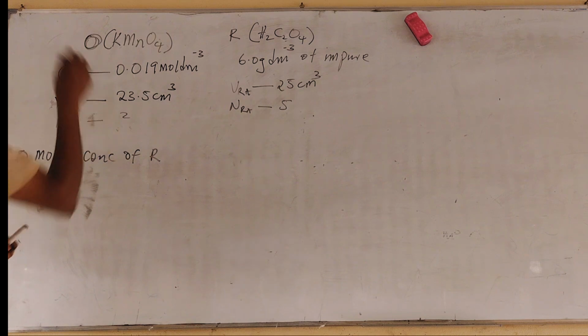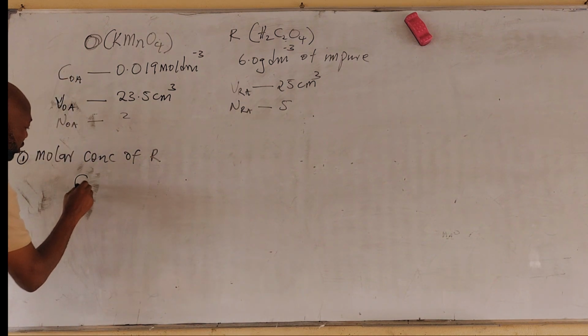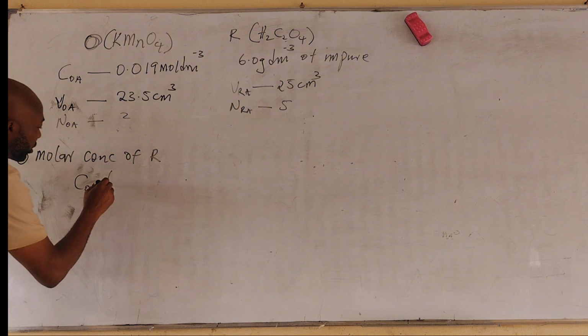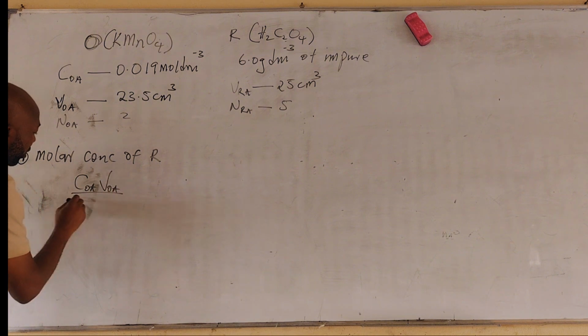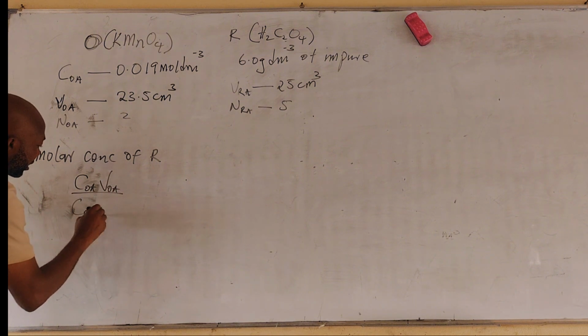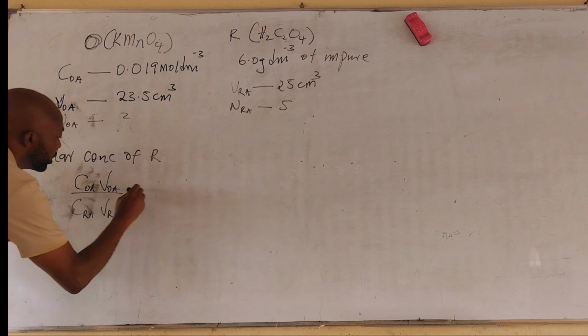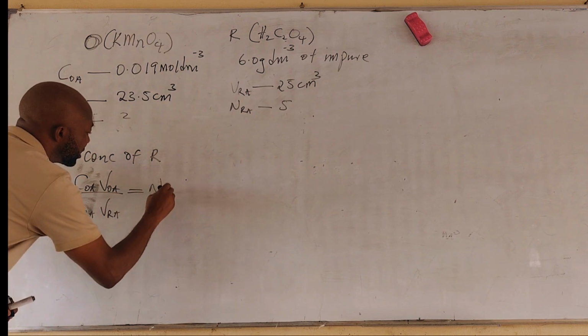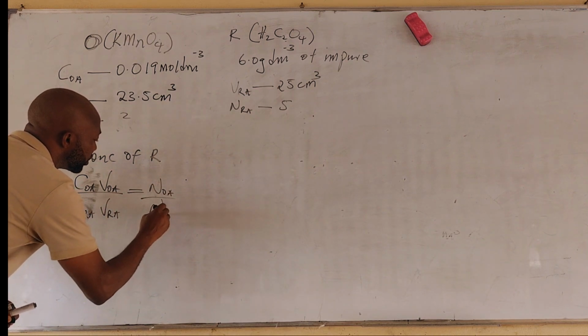We have the concentration of the oxidizing agent times the volume of oxidizing agent over concentration of reducing agent times the volume of reducing agent is equal to the number of moles of oxidizing agent over the number of moles of the reducing agent.